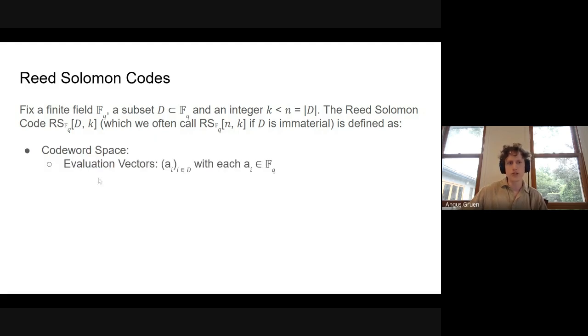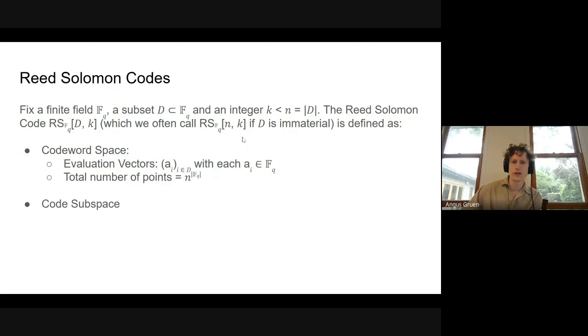And so then our code word space is the set of evaluation vectors. So basically you assign some element of F to each point in D. And so you can easily see that the size of our code word space is Q to the power of n, where the size of F should be Q, but that's fine.